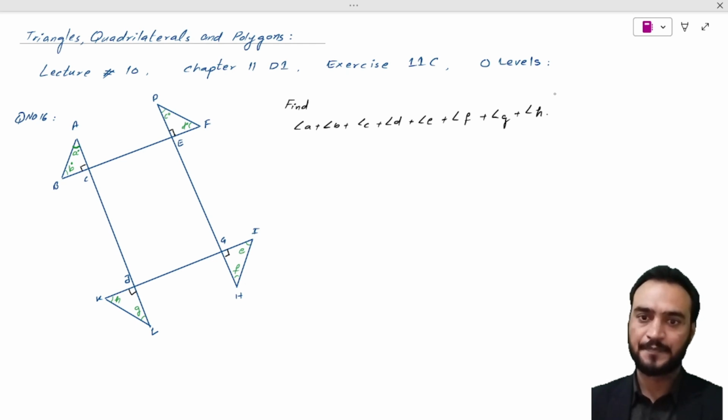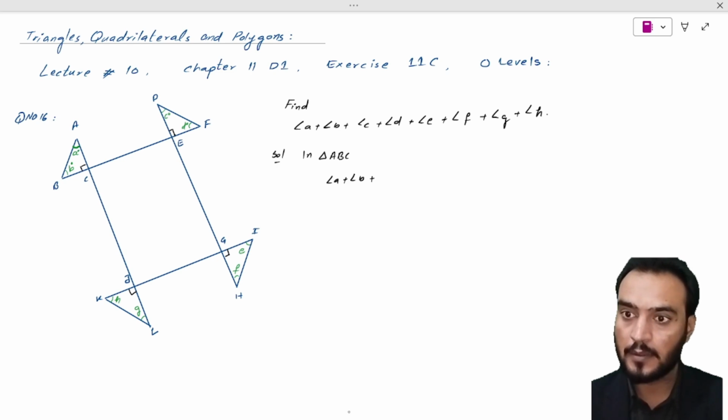So in triangle ABC, let us solve it from here. In triangle ABC, angle A plus angle B plus 90 degrees is equal to 180 degrees.